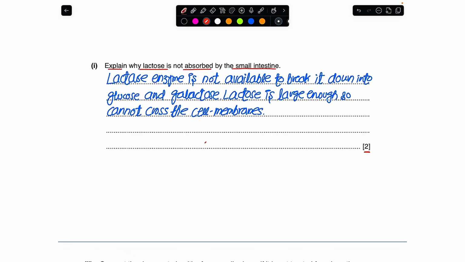The idea is that lactose itself is a double sugar, and if we do not have the lactase enzyme, it would not be broken down into simple sugars like glucose and galactose, and that is why it would not be able to cross the cell surface membranes and cannot be absorbed by the small intestine. So, how should the answer look?